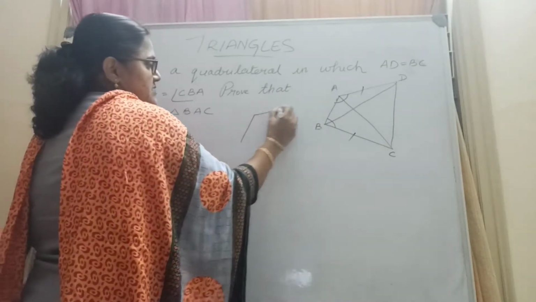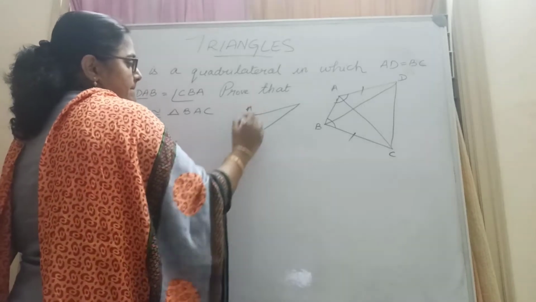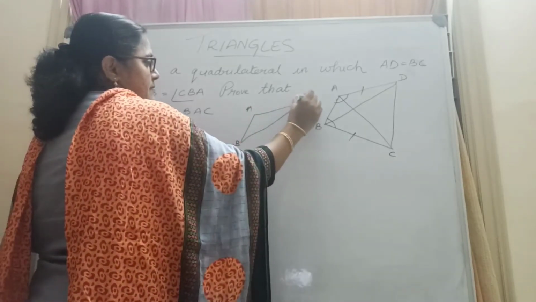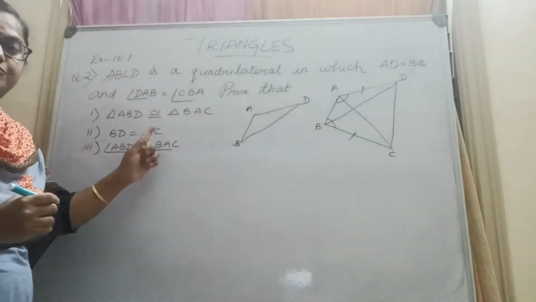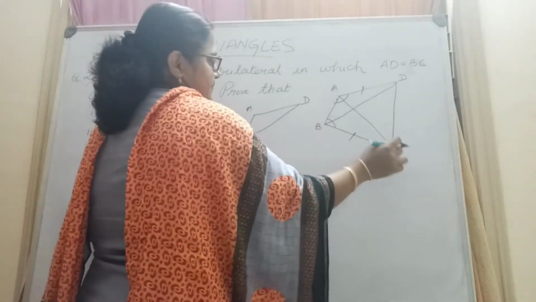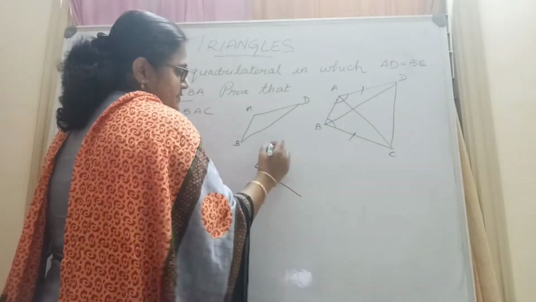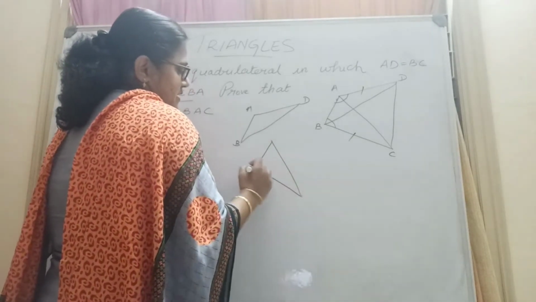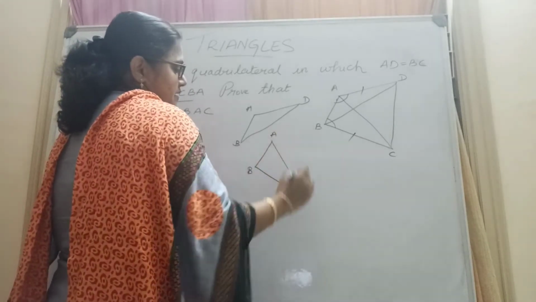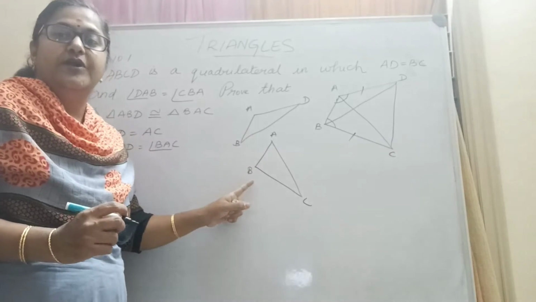the one which is like this, is congruent to triangle BAC, that is the one which is like this. We have to prove that these two triangles, ABD and BAC, are congruent to each other.